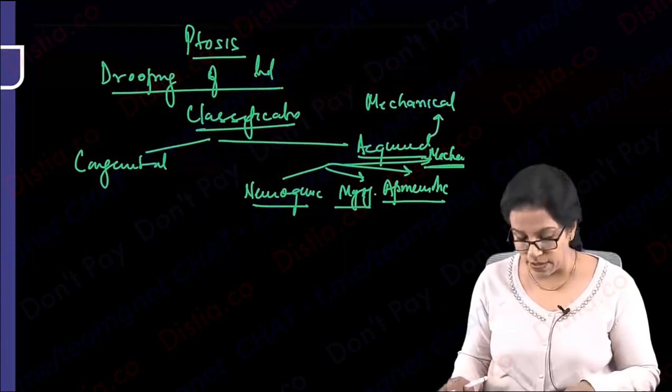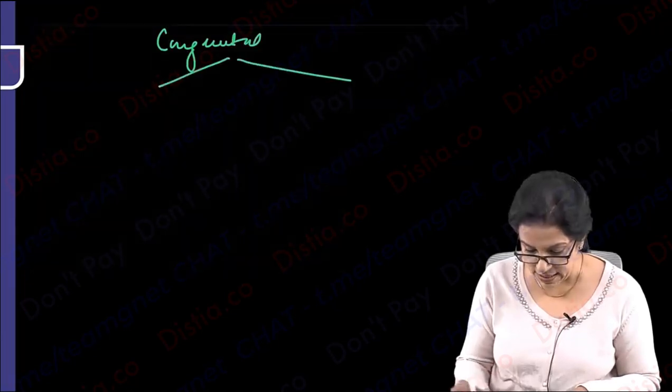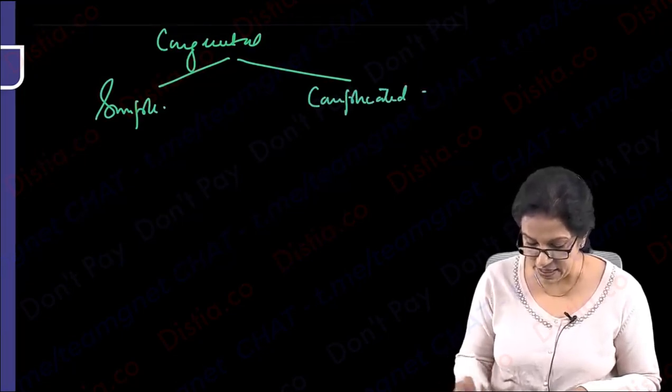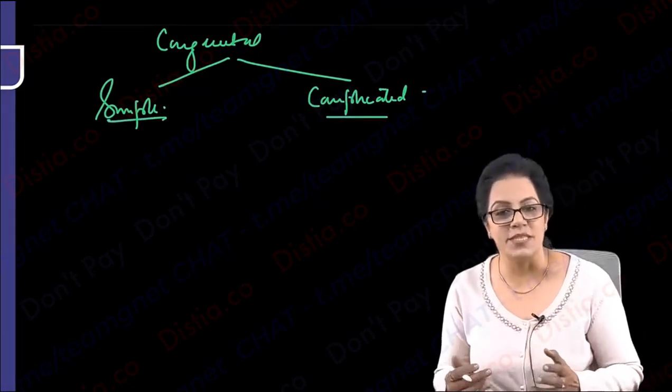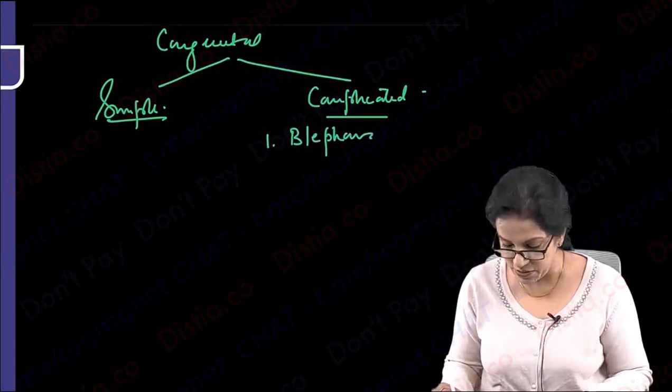Now, talking about congenital, the congenital ptosis can either be simple congenital or complicated. When you say simple congenital, it means there is only one feature and that is ptosis. What is complicated? Mainly what you have to learn here is blepharophimosis syndrome. We all know syndrome means many features.